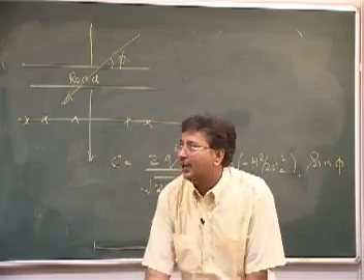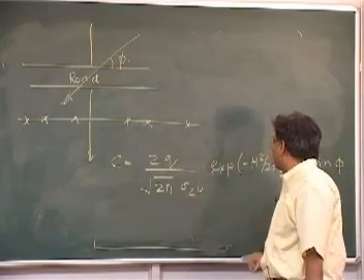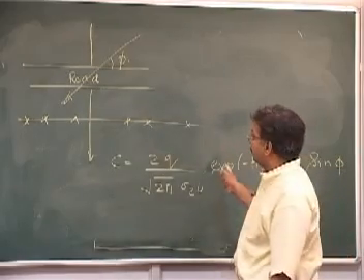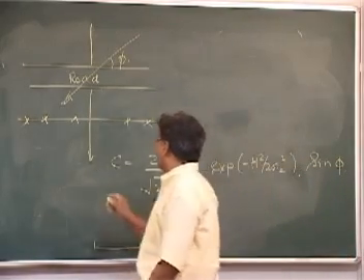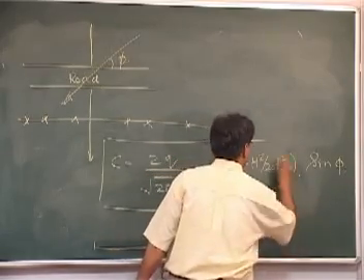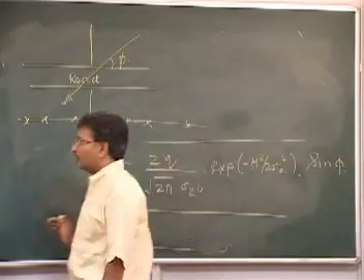Because otherwise you will get the concentration as 0. Okay. And so this is how we can work through the line source.